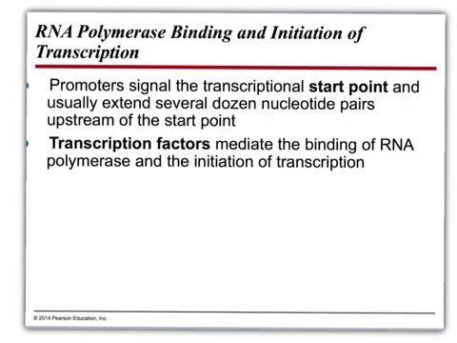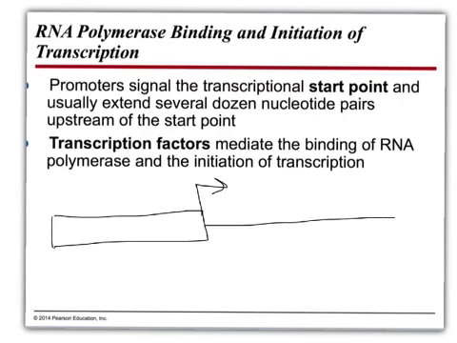So promoters signal the start point and usually extend several dozen nucleotide pairs upstream of the start point. We scientists tend to draw it something like this. Right? If this is your promoter region, this is your transcription start point, usually an arrow, and then you have your 5' terminator sequence.